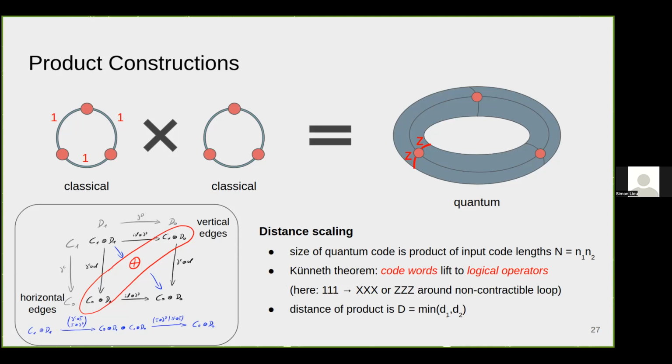So is this more general? If you have a 2D classical code and you tensor product them, would you expect a 4D quantum code or something? Oh, okay, yeah. You can, yes. Very good. Chain complexes can be of arbitrary length. We usually cut out this length 2 piece in the middle, but you're right, there might be more boundary operators going to the right or coming from the left.